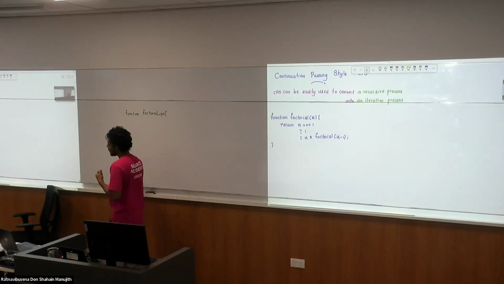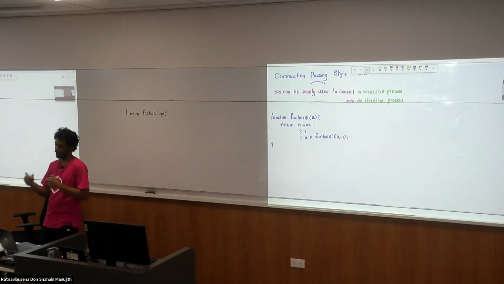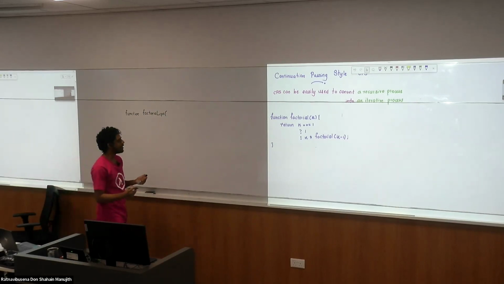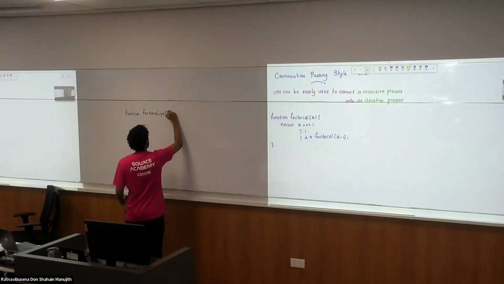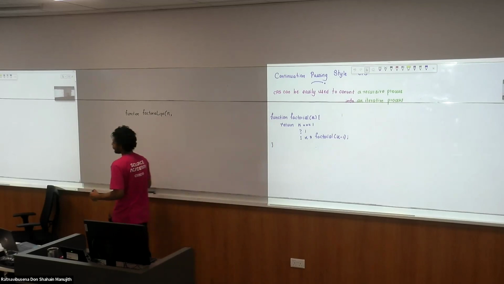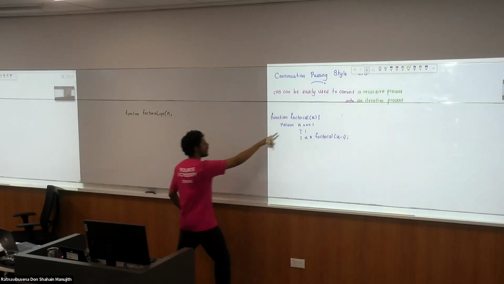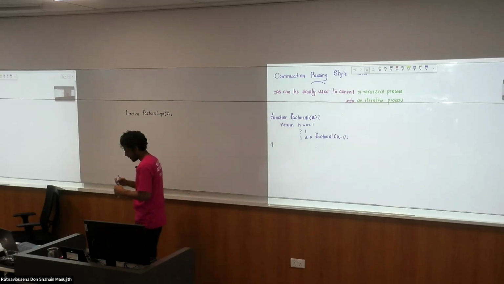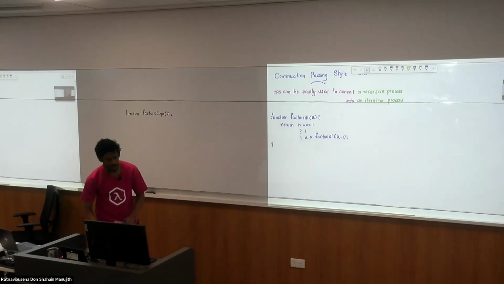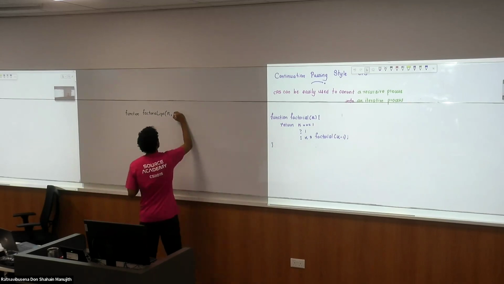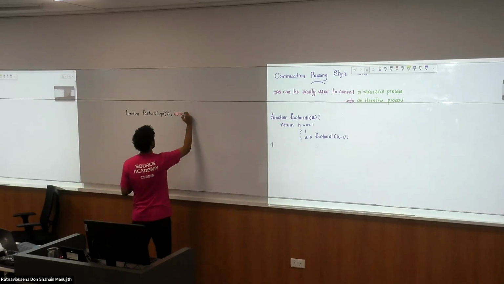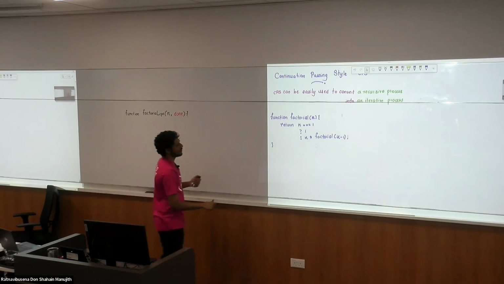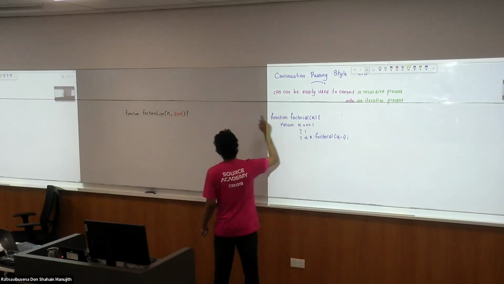Factorial CPS is almost the same thing as the normal factorial. Here you have factorial n, so I need factorial n here. Here I had n, so I also have n here. But in addition to that, I have a special function called done. Done is not here, so you cannot find done there, but I have done here.